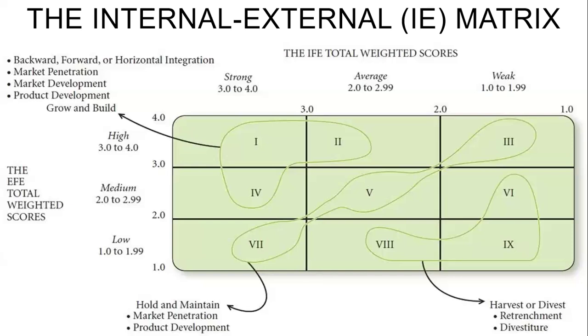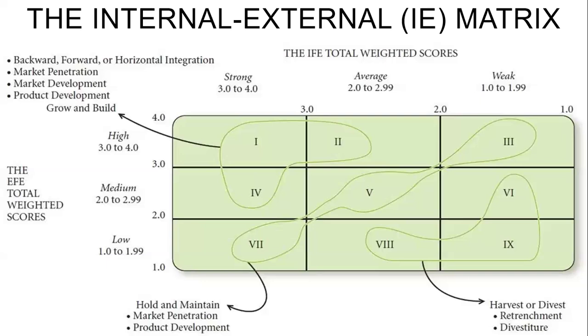Typical regions that fall within the continuum of hold and maintain include the VII, the VI, and the III. And the associated strategies that can help you to either hold your current fortunes or maintain the current state of the organization are to embark on market penetration and product development, so that you can get some other streams of income to stabilize the financial health of the organization.